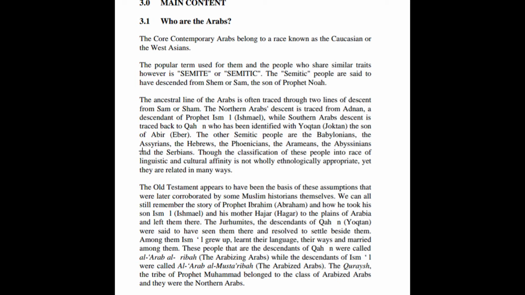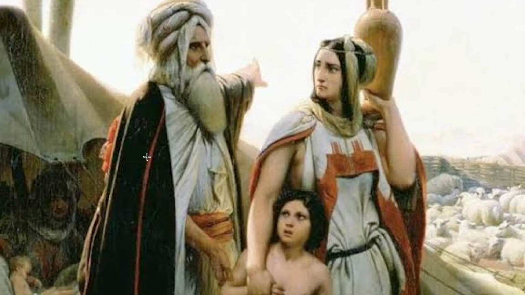Taking the Old Testament as a basis of assumption, in cooperation with Muslim historians, we all know the story of Prophet Ibrahim, then known as Abraham, who took his Egyptian wife Hagar and his son Ishmael and left them at the Arabian plain known as Mecca.